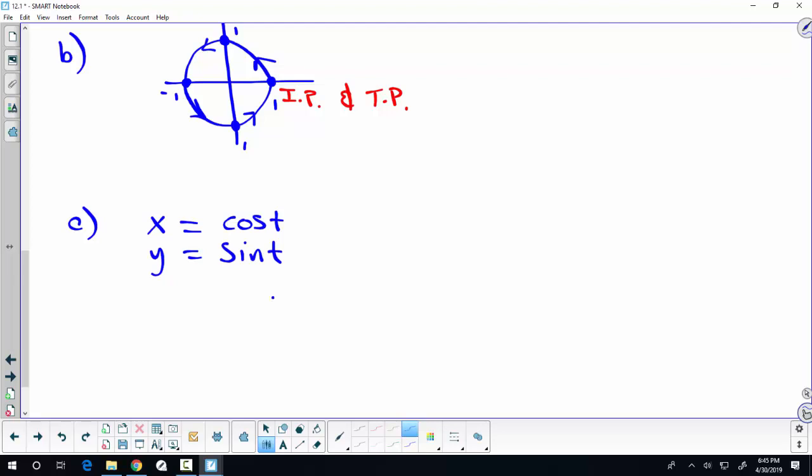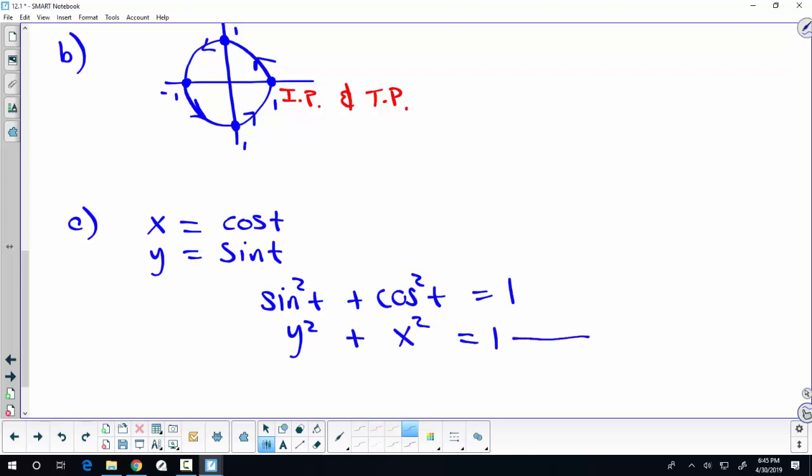Remember the identity sine squared plus cosine squared is equal to 1. Sine squared is y squared, plus x squared equals 1. That's really all we had to do, just square both sides.